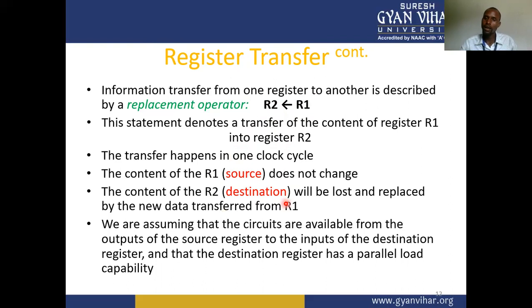Now, for this to take place, we have to make some assumptions. There are some conditions which are put in place. We are assuming that the circuits are available and those circuits are connected to each other, that is, R1 is connected to R2, and this destination, R2, has a parallel load capability.